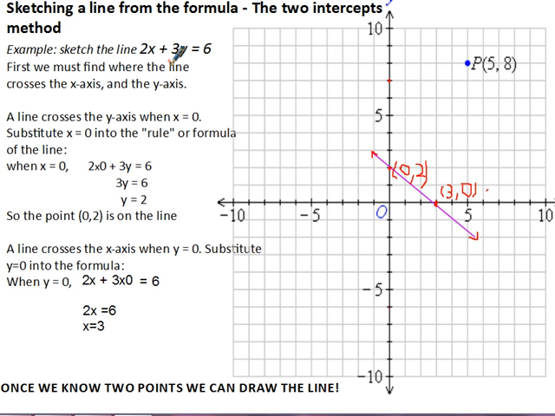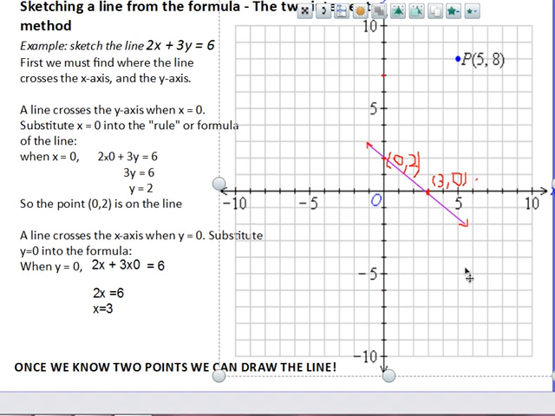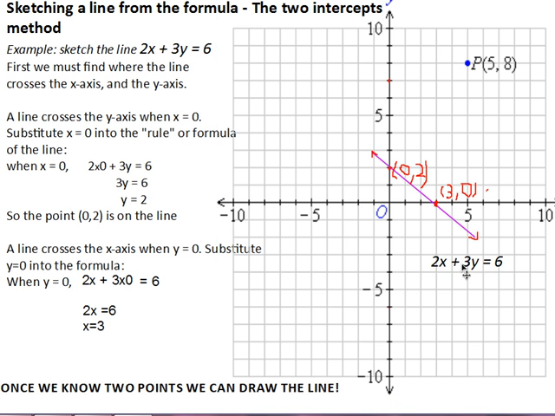The other thing that we do when we draw a line is we put the label next to the line. So there it is. We've drawn a line using the 2-intercept method.